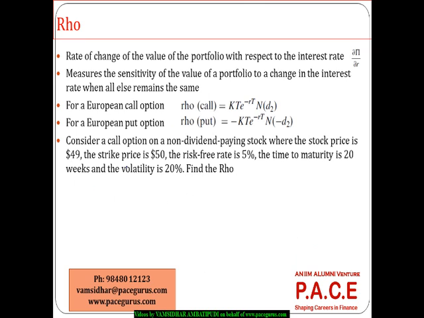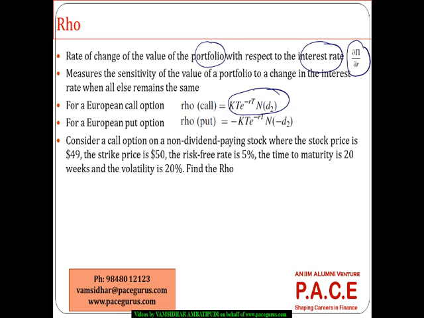The next important Greek that we are going to look at is rho, which talks about the rate of change of the value of the portfolio with respect to the interest rate. Now, if the interest rate changes, what is happening to the value of the portfolio? So it's the sensitivity to the interest rate that we are talking of.